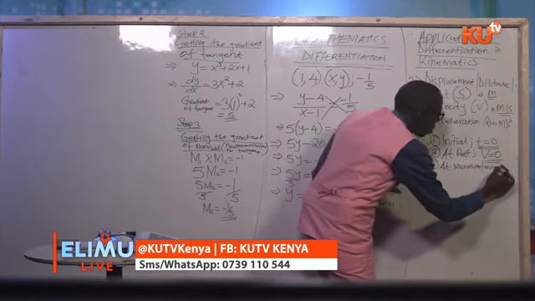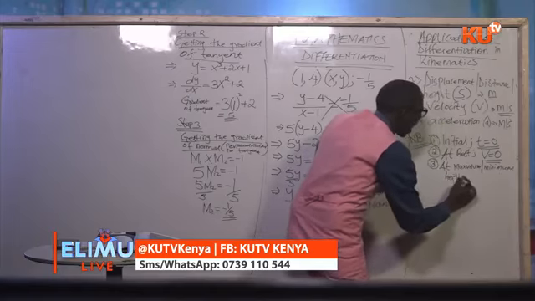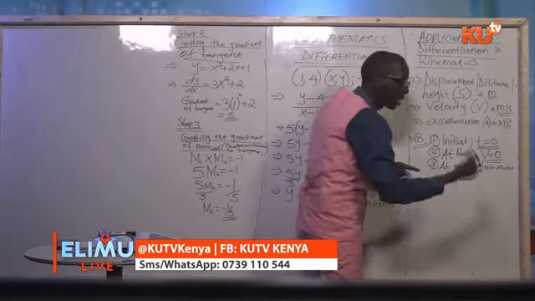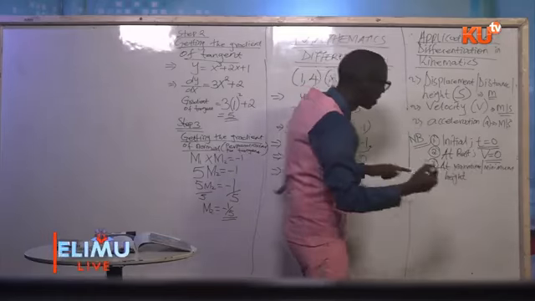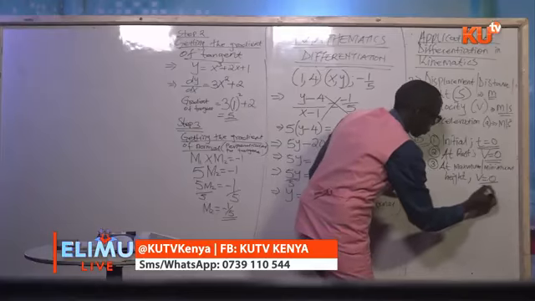Not only maximum, but also minimum. At maximum or minimum height, height is also displacement, and it is also the distance. At maximum height, velocity is equal to 0.